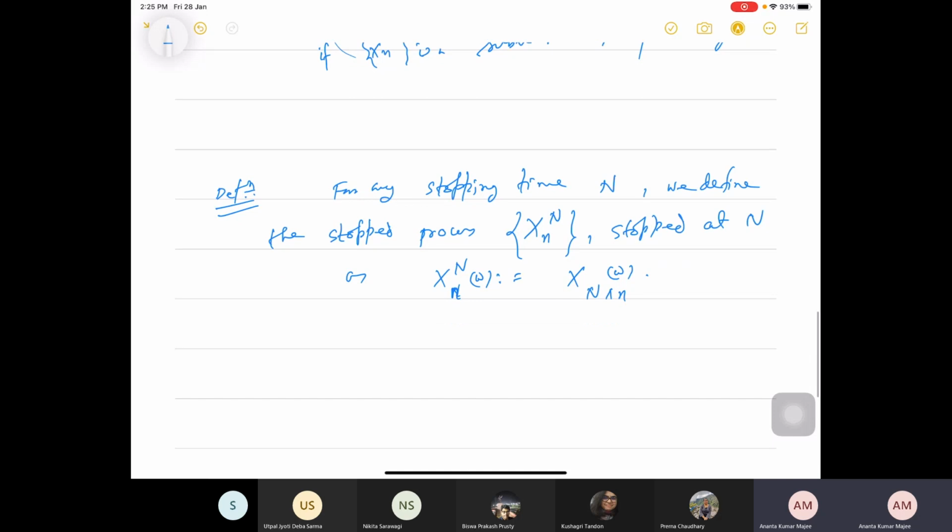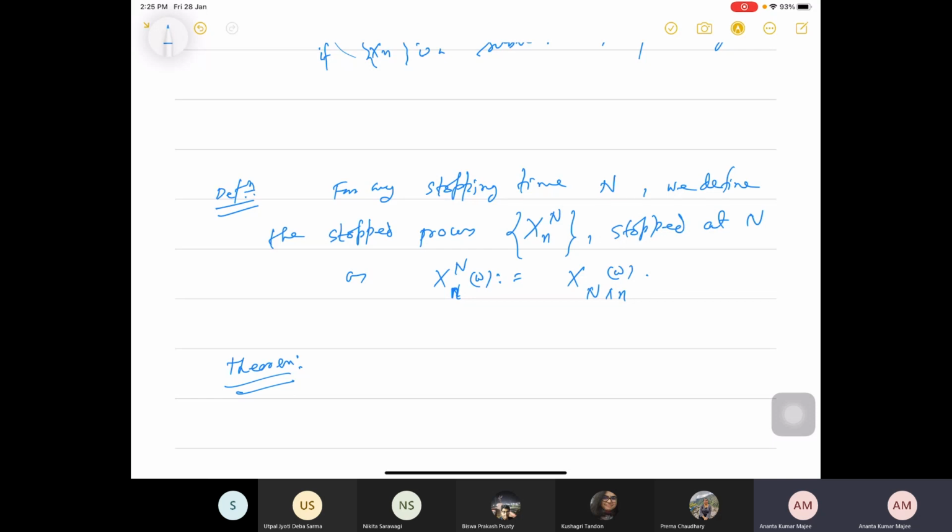So in view of the above discussions, what I can write down in theorem form, already we have seen that the process X_{n∧N} minus X_0, is it not? That is actually what we have seen.